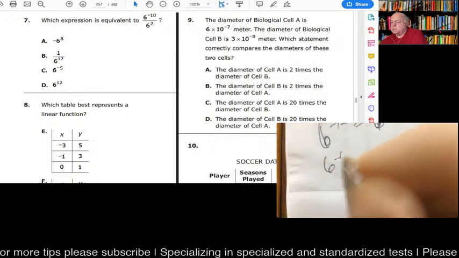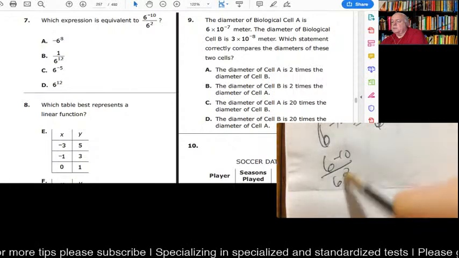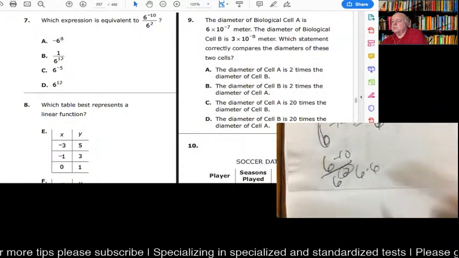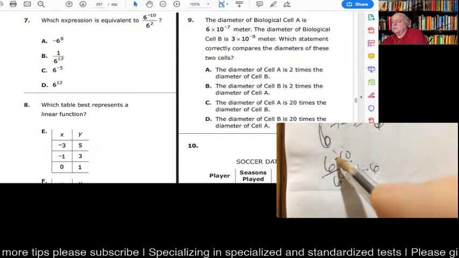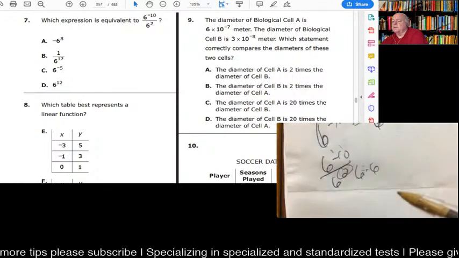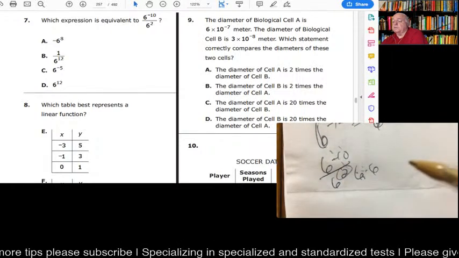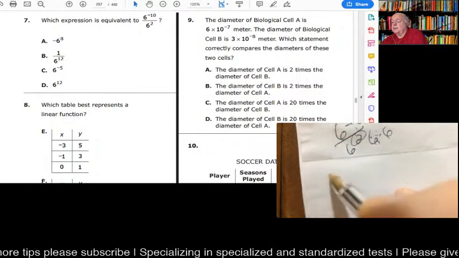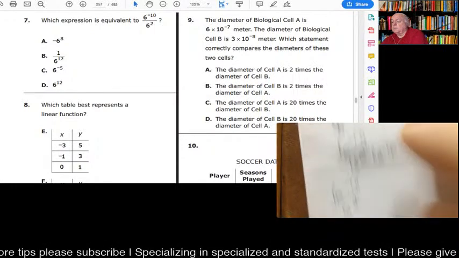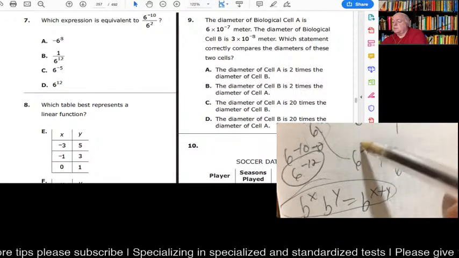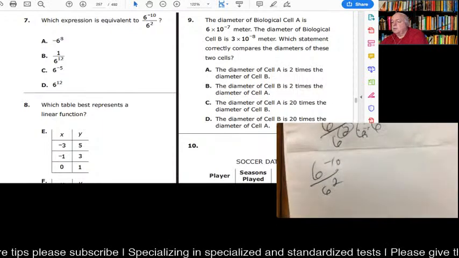6 to the minus 10 over 6 squared. So we know that this is 6 times 6, right? So if we do the division, we know we're doing 2 more 6's of it, and that's how we get to 12. Another way to look at it is that if you have 6 to the minus 10 over 6 squared, the reverse of that is true as well.